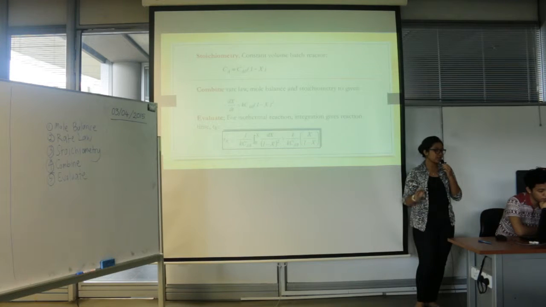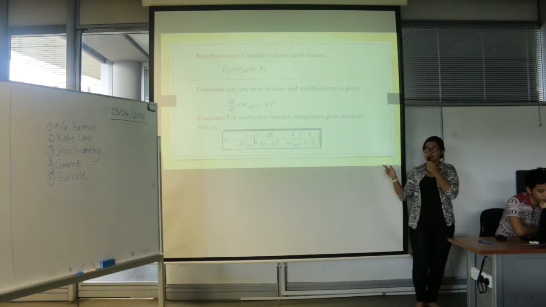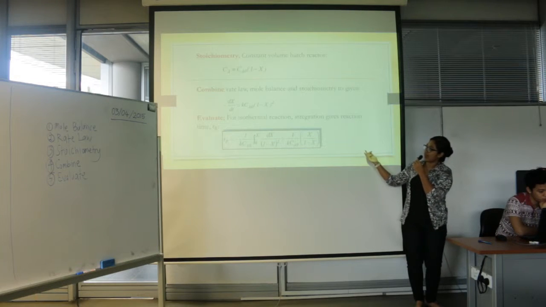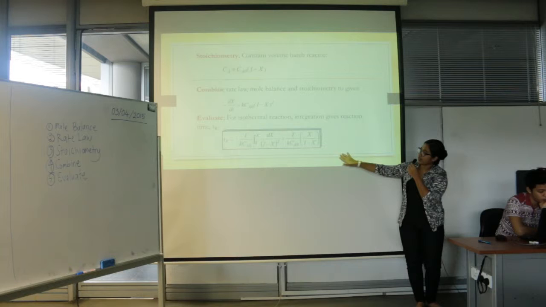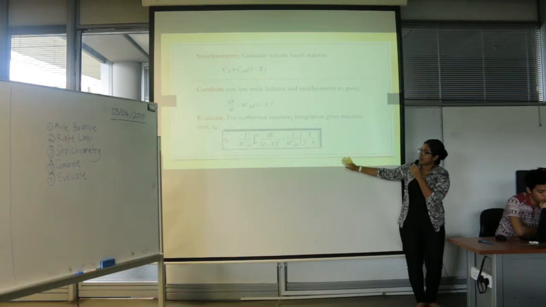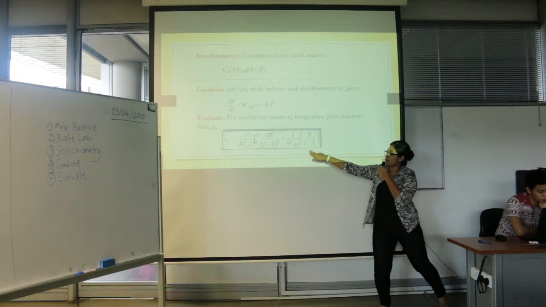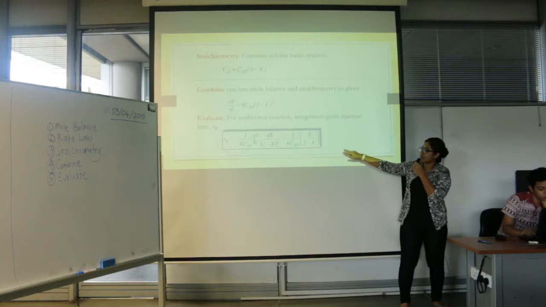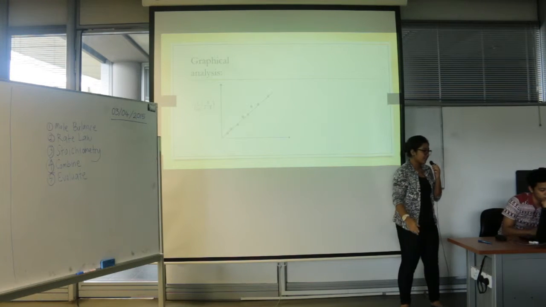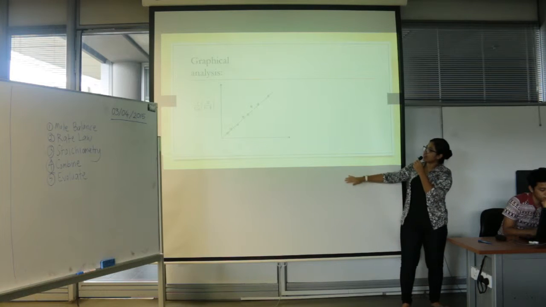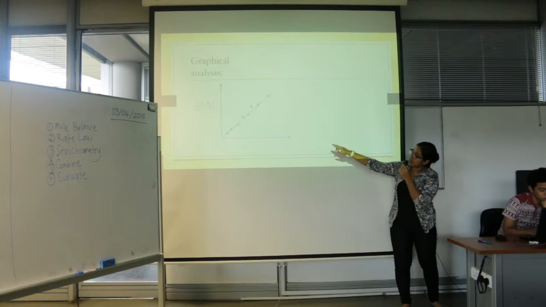And then we combine, it becomes dX over dt equals k C_A0 (1 minus X) squared. And then lastly, we evaluate and get the reaction time t_R equals 1 over k C_A0 integral of dX over (1 minus X) squared, which gives 1 over k C_A0 in bracket X over 1 minus X. And then we plot the data of 1 over C_A0 times X over 1 minus X versus time.